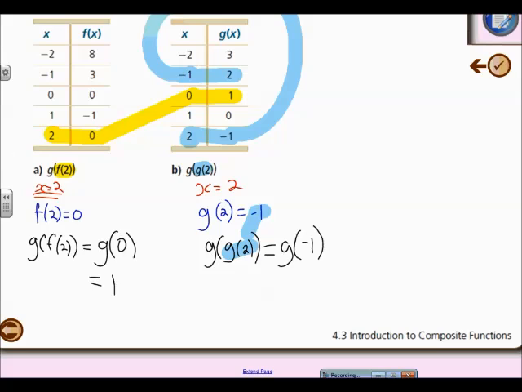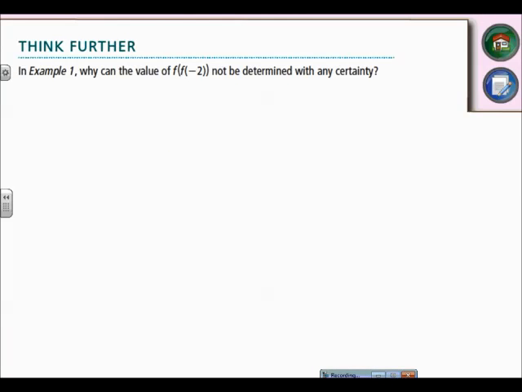Don't think, though, that just because I started with a 2 and I ended with a 2 when I put it into itself, that's always going to be true. That's a coincidence on this graph. It's not always going to happen. Now, hey, you do this. I want you to do the thinking on this one.